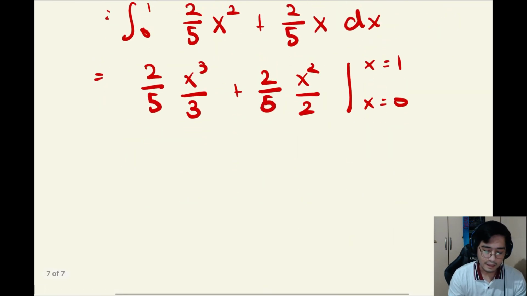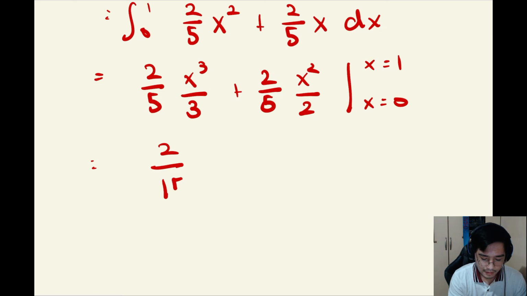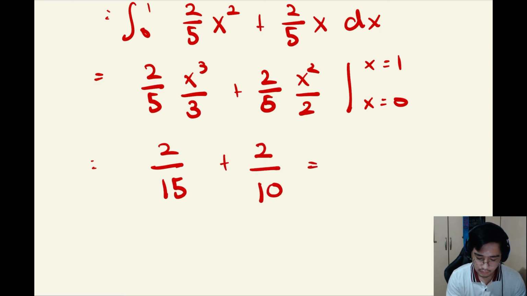We now obtain 2/15 plus 2/10, which is (4 + 6)/30, equal to 1/3.